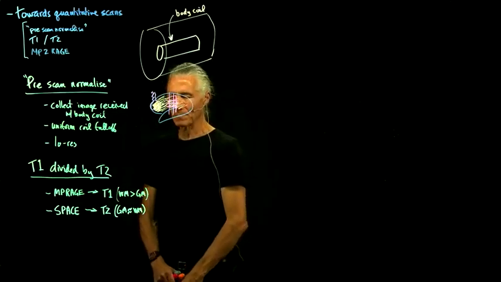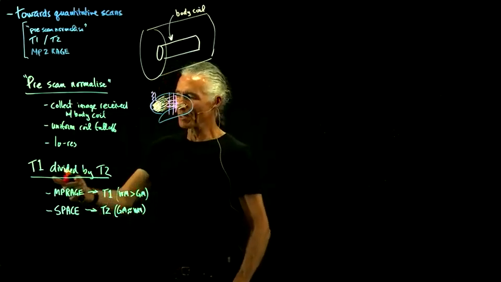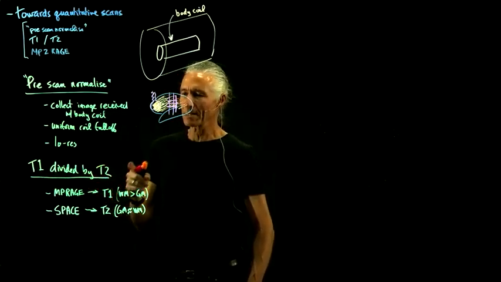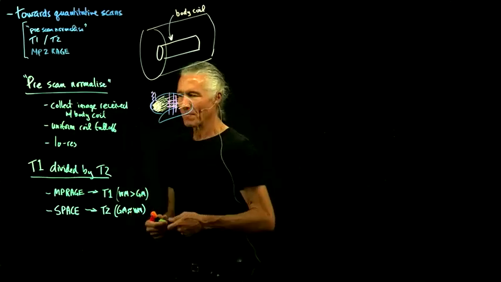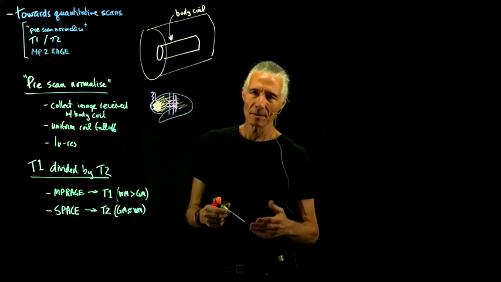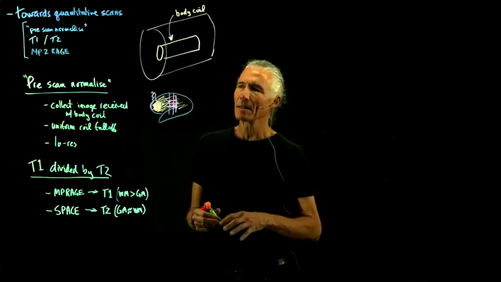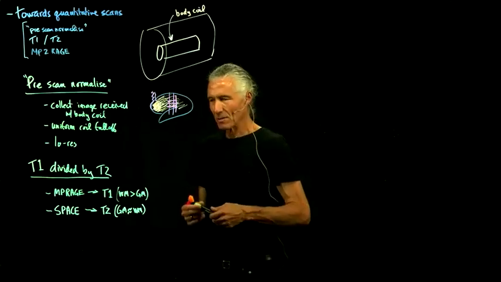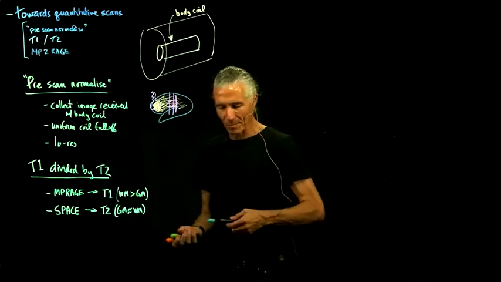Okay, and then if you just divide the T1 image by the T2 image, that's going to get rid of a lot of the variation in brightness due to the coils. Now, there's several problems with this.